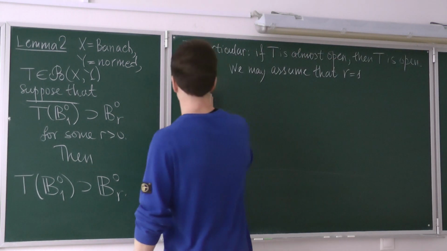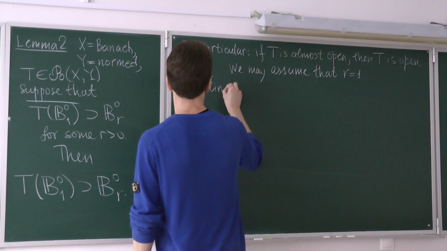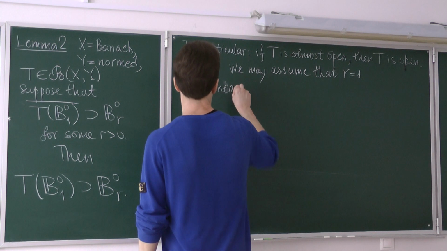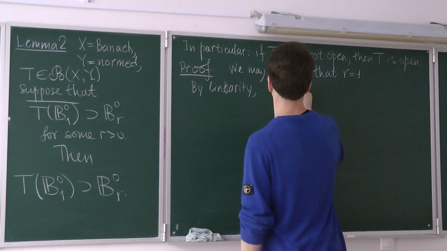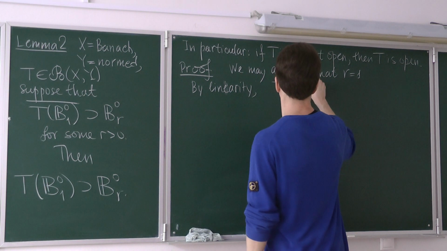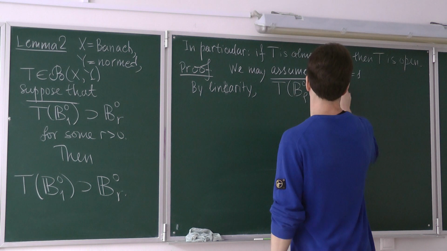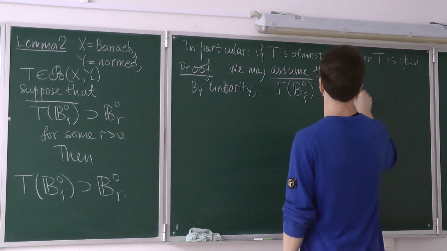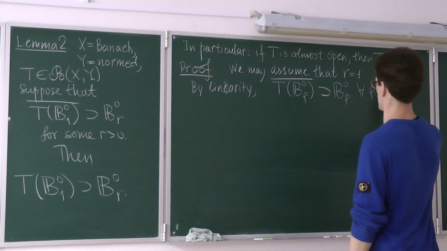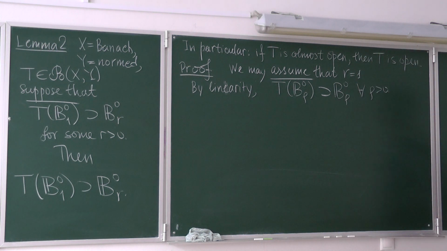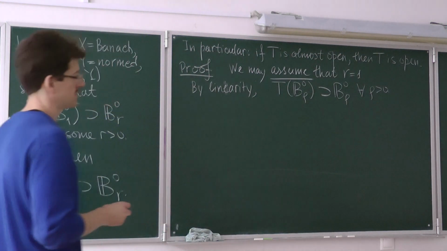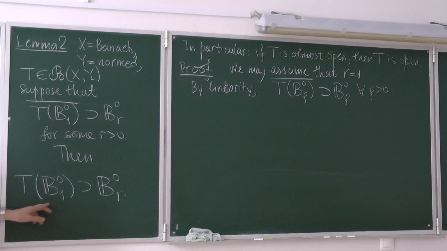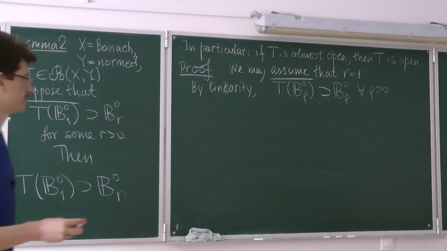Then by linearity of T, we have the following inclusion. This inclusion holds for each positive rho. It holds when rho equals 1, and by linearity it holds for each positive rho. So we want to show that the image of the open unit ball contains the open unit ball.